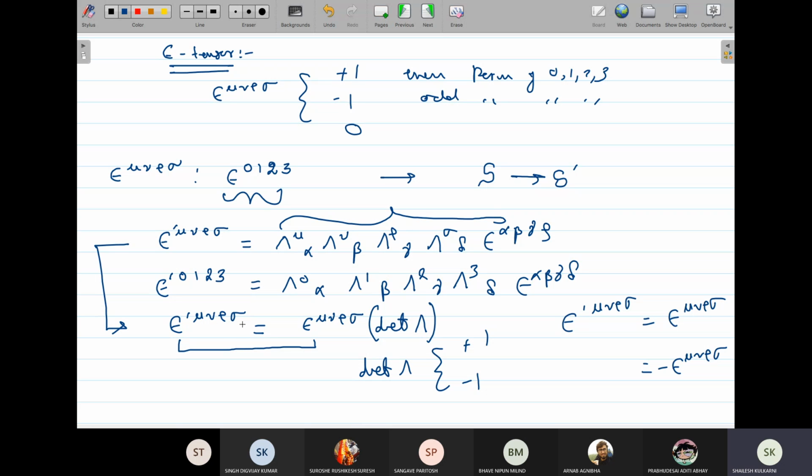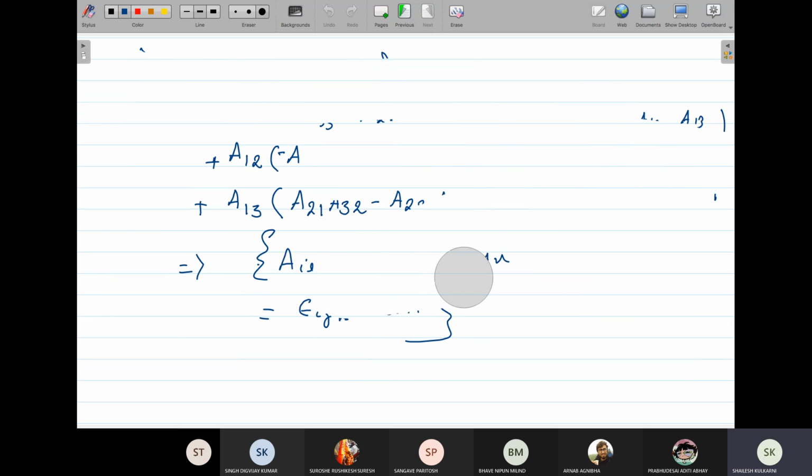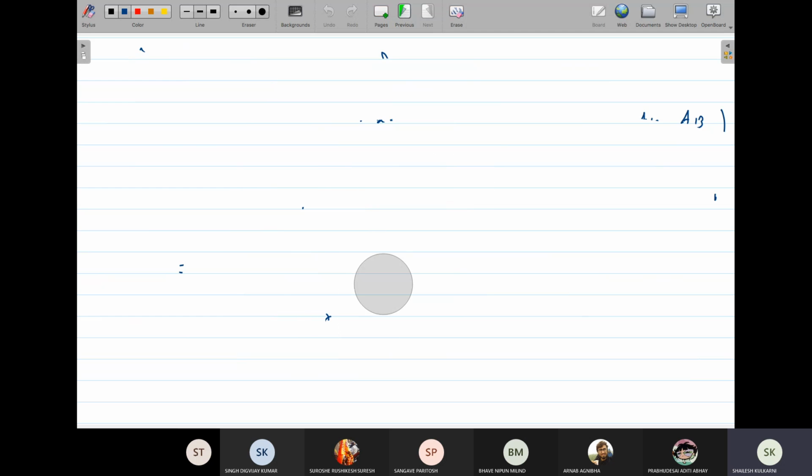So these almost transform like a tensor apart from this determinant, or I should say the Jacobian of the transformation. It's really the Jacobian of the transformation. Here we are using Lorentz transformation, so that's why I'm using this lambda, and it's the determinant of lambda. A quantity which transforms like a tensor with the determinant Jacobian factor is called a pseudo tensor.